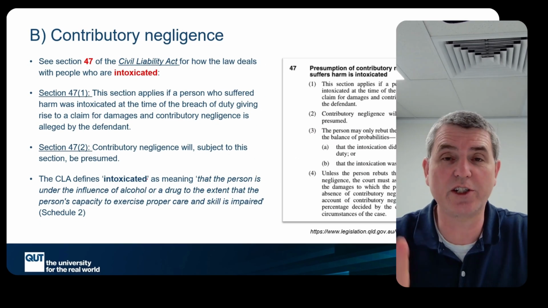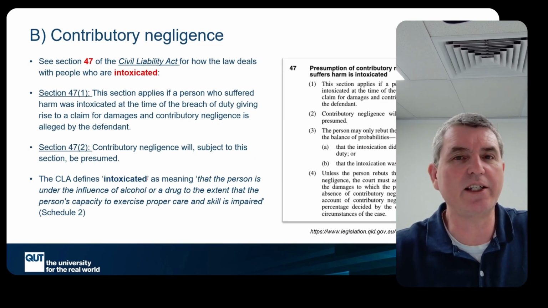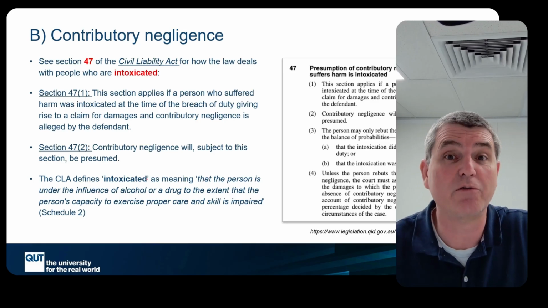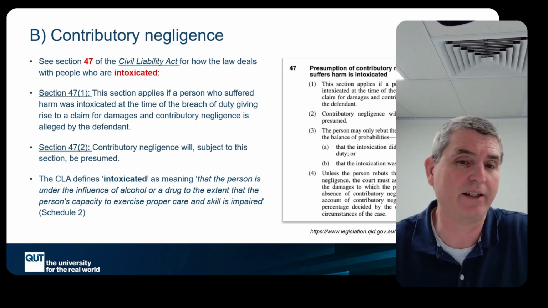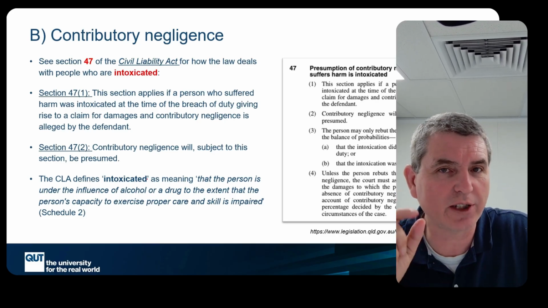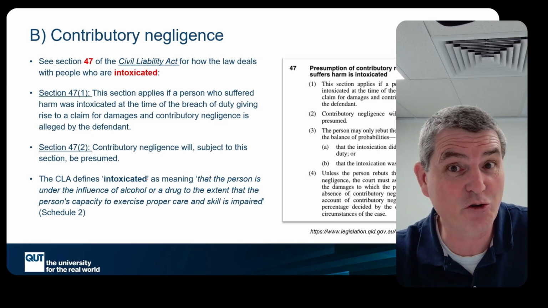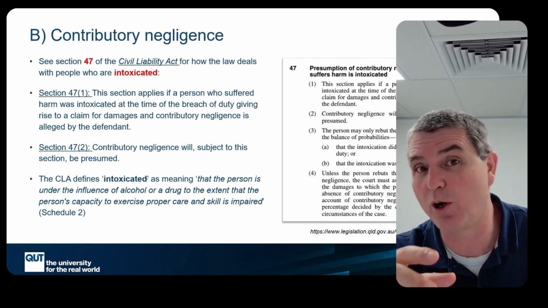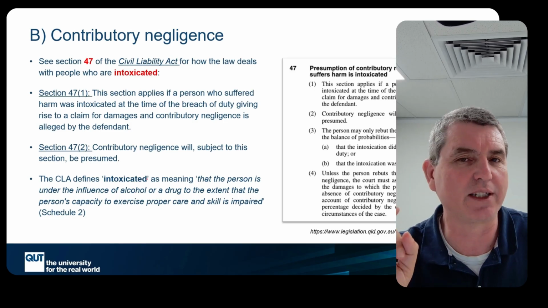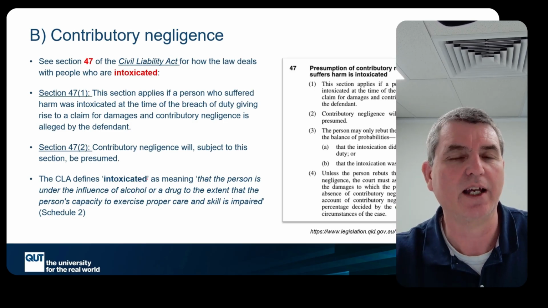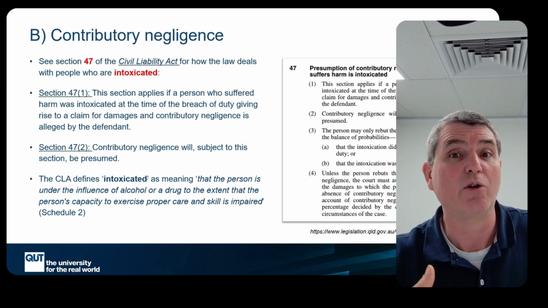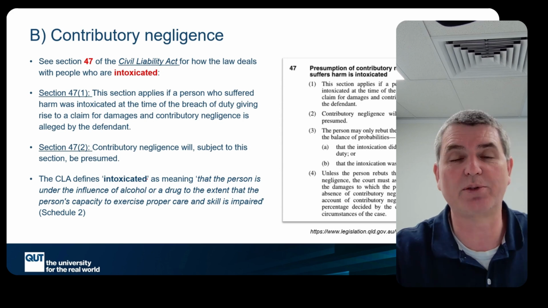Now, in addition to the general test, there is a specific situation for when people are intoxicated. Notice we're using the word intoxicated here. It doesn't say drunk, so this would include drugs. It doesn't say someone's drinking, because you could have a sip of wine and not be intoxicated. It covers the case of being intoxicated. And if you're intoxicated, we come across a rebuttable presumption test.